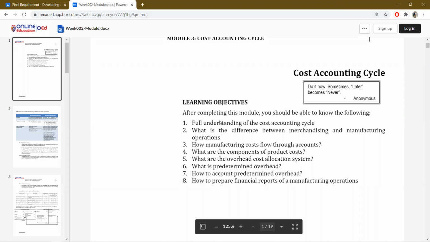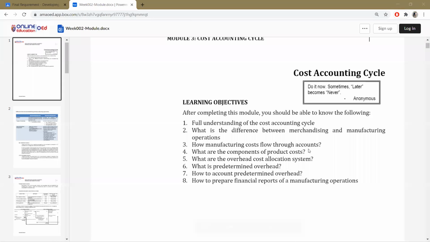Our learning objectives are a full understanding of the cost accounting cycle, the difference between merchandising and manufacturing operations, how manufacturing costs flow through accounts, the components of product costs, the overhead cost allocation system, what predetermined overhead is, how to account for predetermined overhead, and how to prepare financial reports of a manufacturing operation.